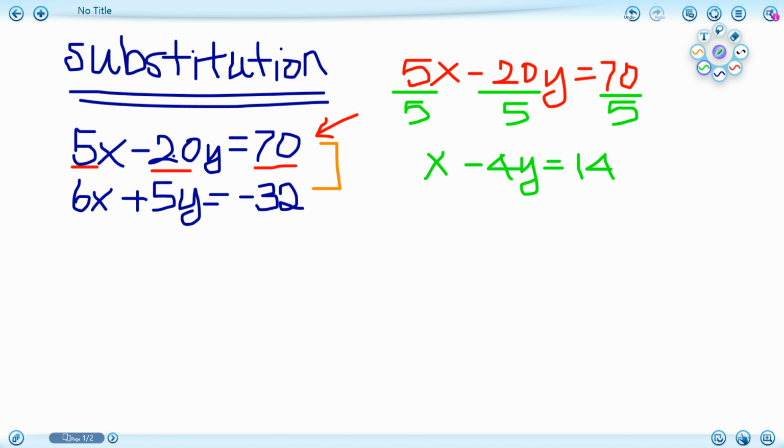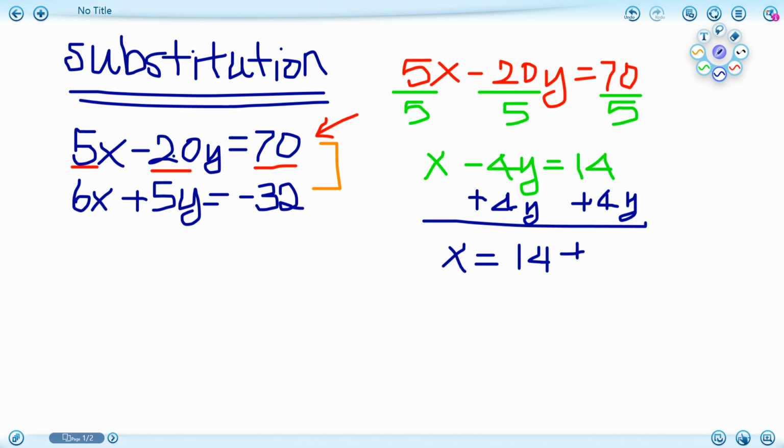Now, when you look at this, you can see how x is almost by itself. So I'm going to go ahead and move 4y to both sides. So now I end up getting x is equal to 14 plus 4y.